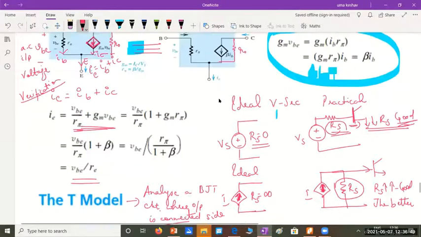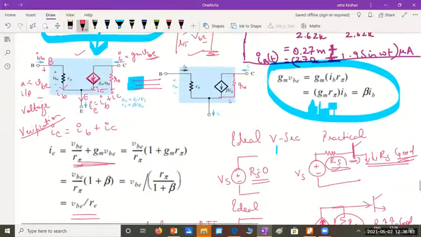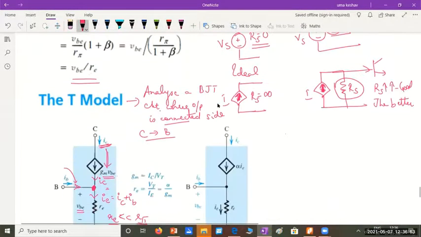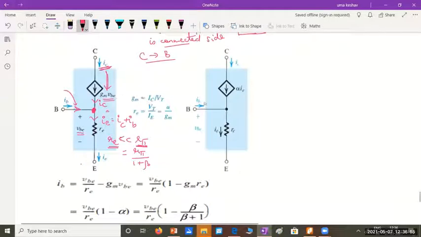Here, I could replace GM VBE with beta IB, whereas here I'll replace GM VBE with alpha IE. So that I'll have this current as IE, this as IC. IC is always equivalent to alpha times IE, and IE is equivalent to IB plus IC.